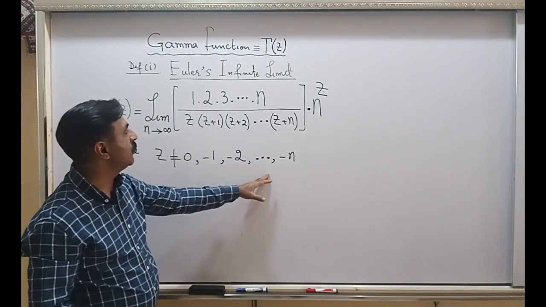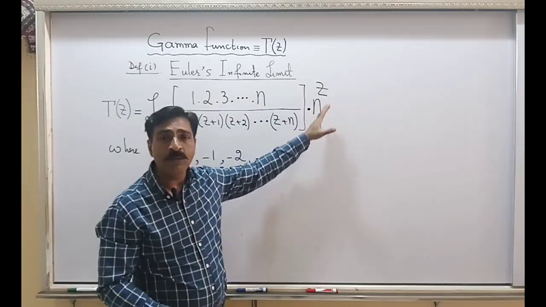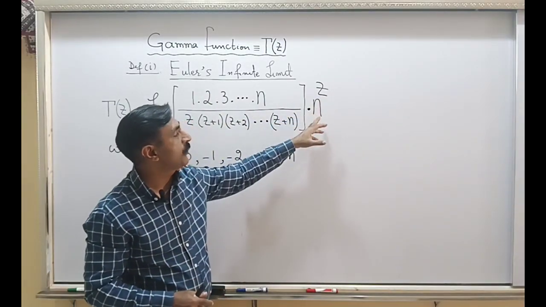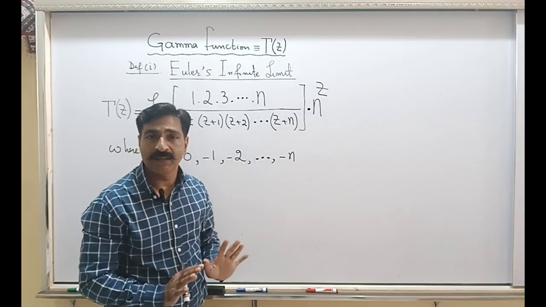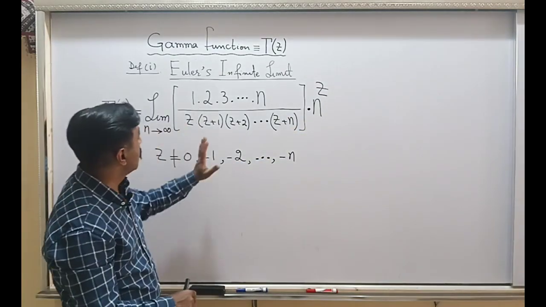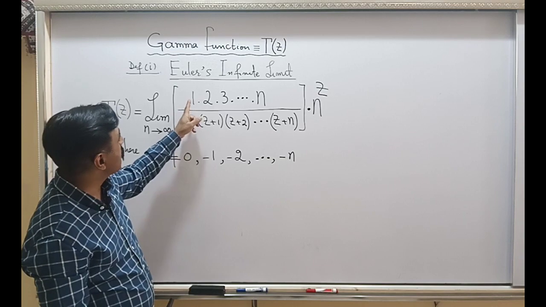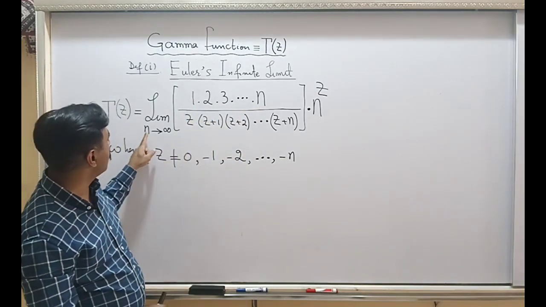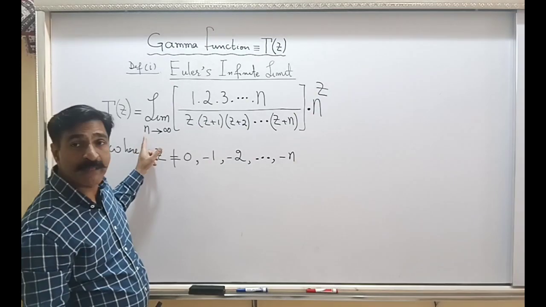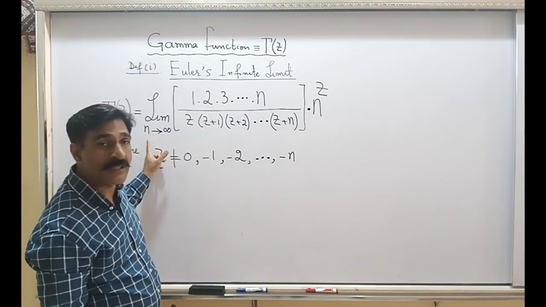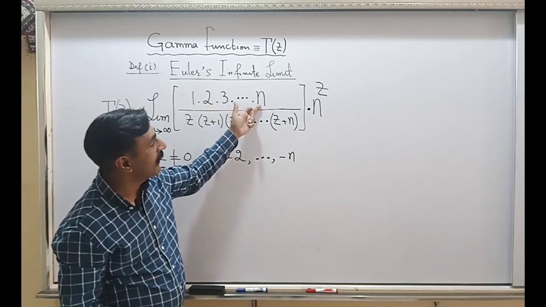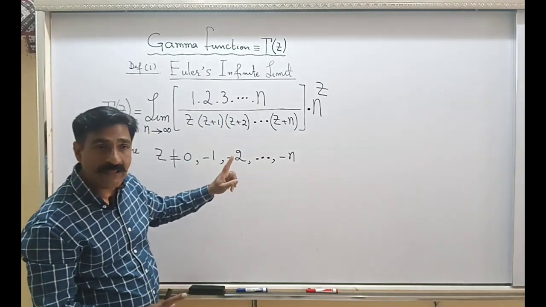Other than these values, whatever value comes to your mind for z or for n, you can use that, right? But if you look at the definition, n is a positive integer. So when you apply this limit, remember in your mind that n is a positive integer, because 1 multiplied by 2 multiplied by 3 and so on up to n. So n is an integer.